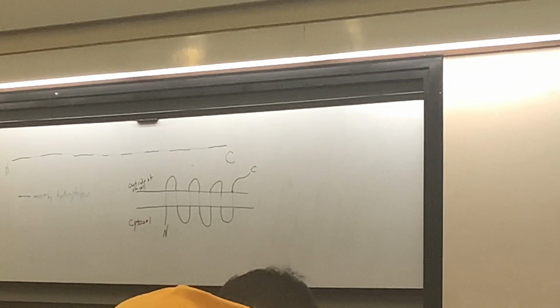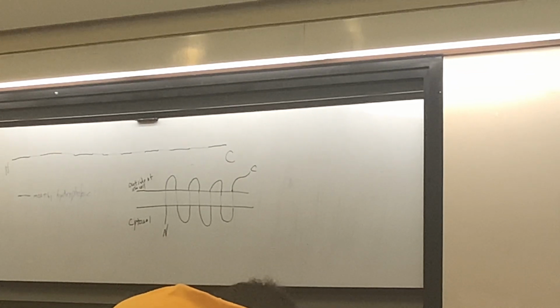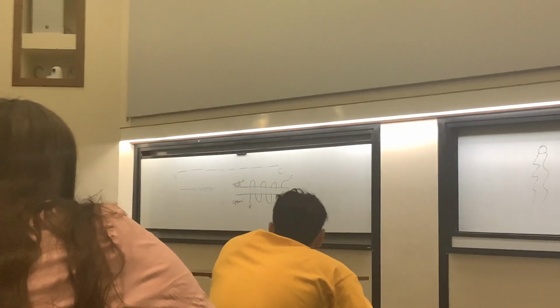That kind of motif is not an unusual way that integral membrane proteins are associated. There are a lot of integral membrane proteins that have this 7 topology. Now, does that mean all of them do? No, some can just have one.